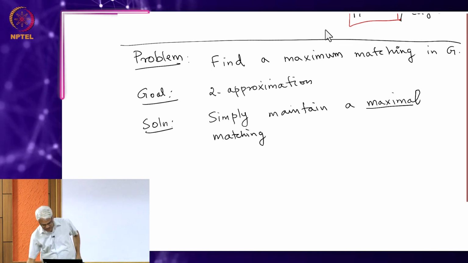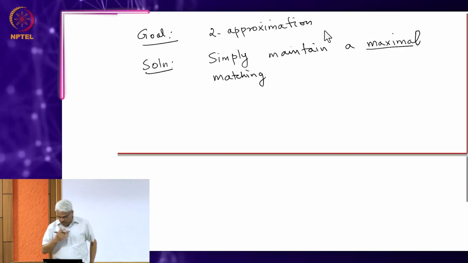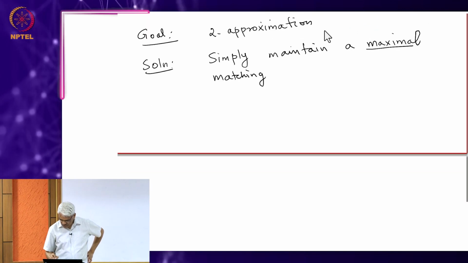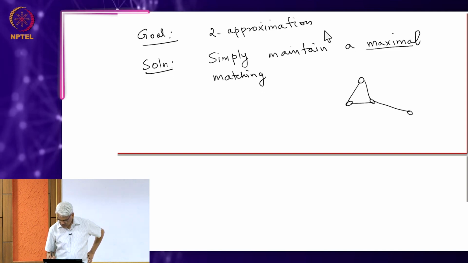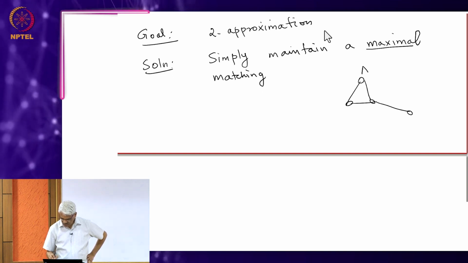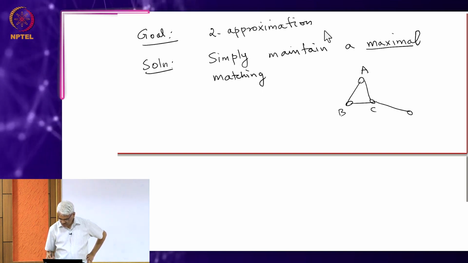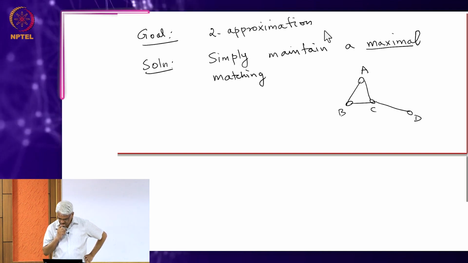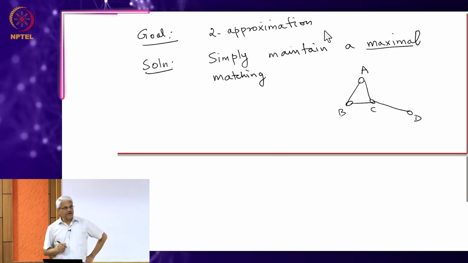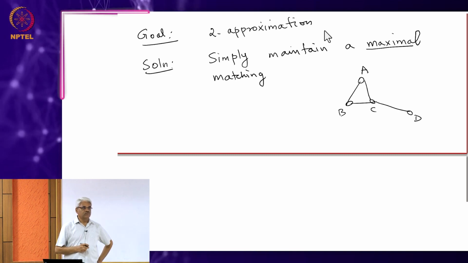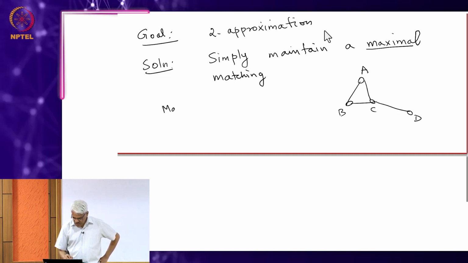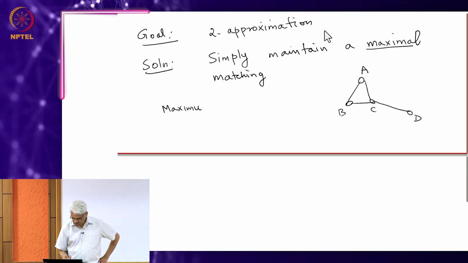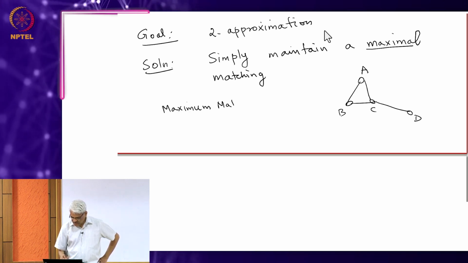Okay, so let's see an example. So what is the maximum matching in this graph? A, B and C, D, right? So the maximum matching is of size 2.